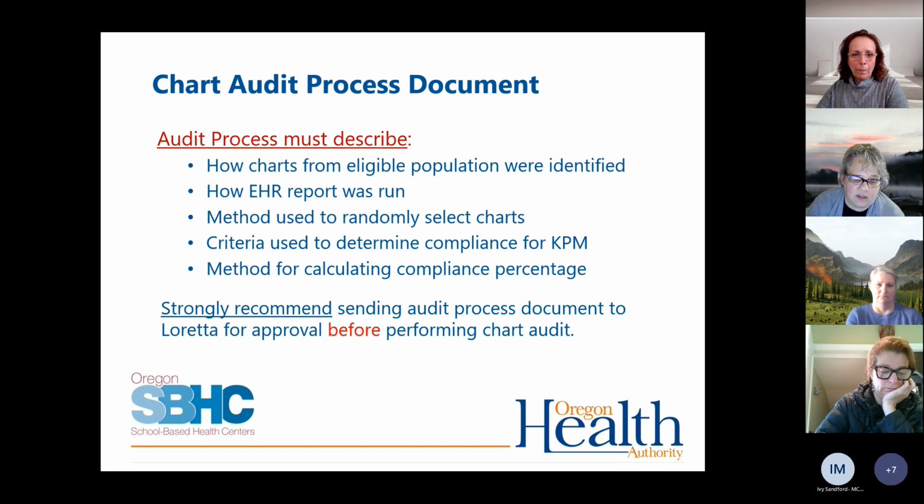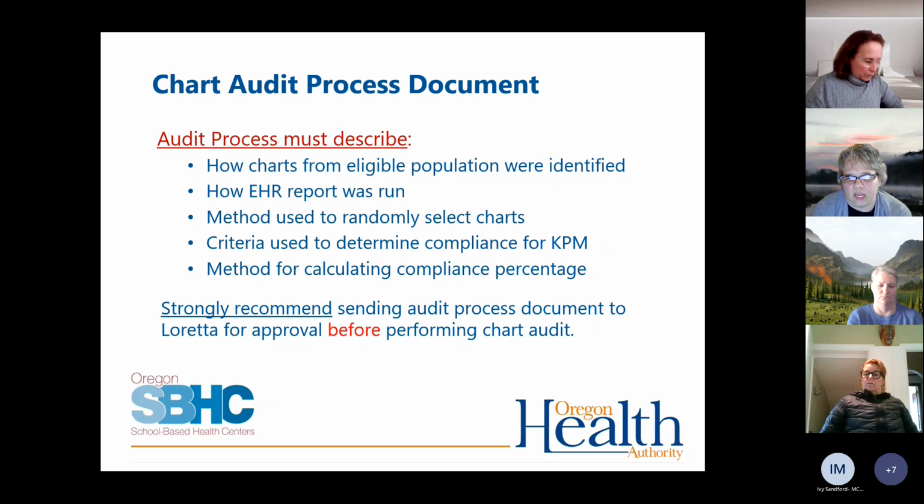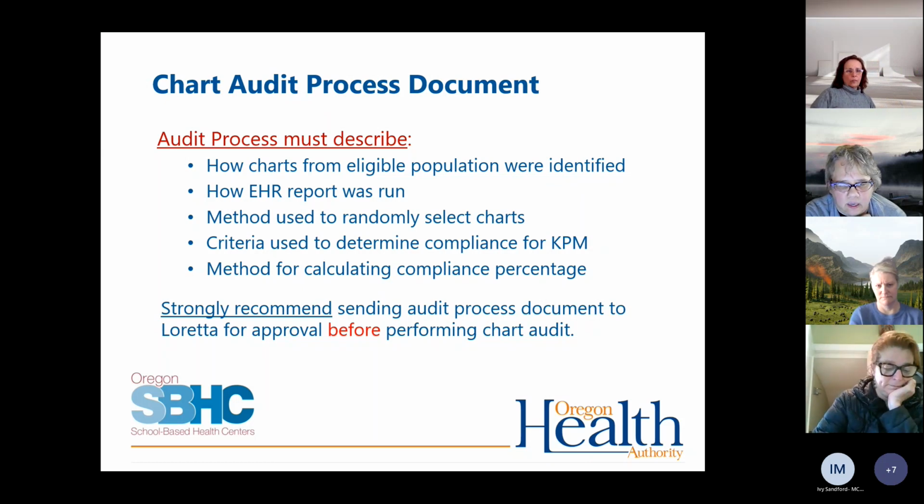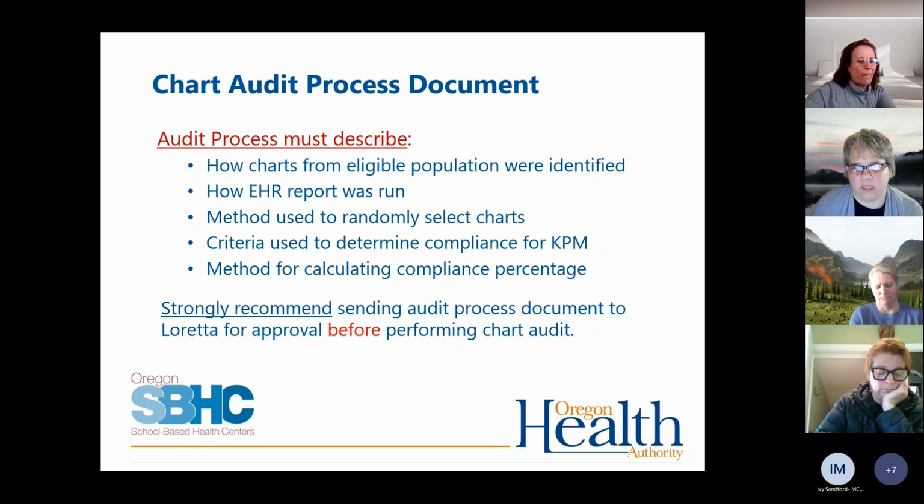I have a little website that I can send you all a link to randomly select numbers, but just reach out to me for any of these parts, because the audit process document is definitely one of the trickier ones. Make sure you're thinking through all the different things you need to when you're actually doing the audit.